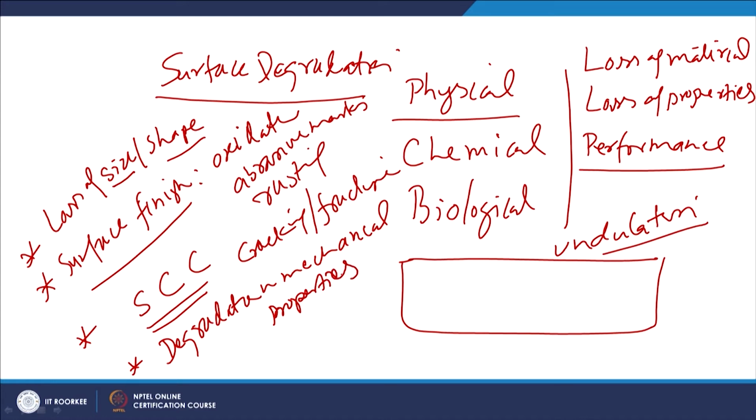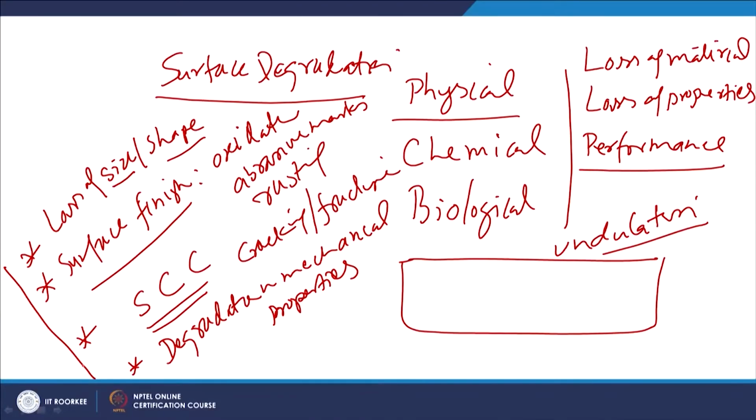Deterioration in mechanical properties means reduced load carrying capacity, which may eventually force us to stop the use of the component and replace or repair it. So, surface degradation may lead to various kinds of effects in the form of loss of size and shape, loss of surface finish, fracture or cracking, and even degradation in the mechanical properties.